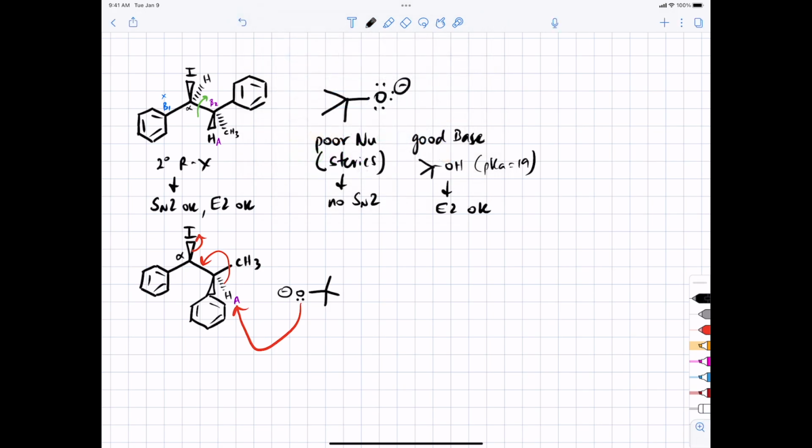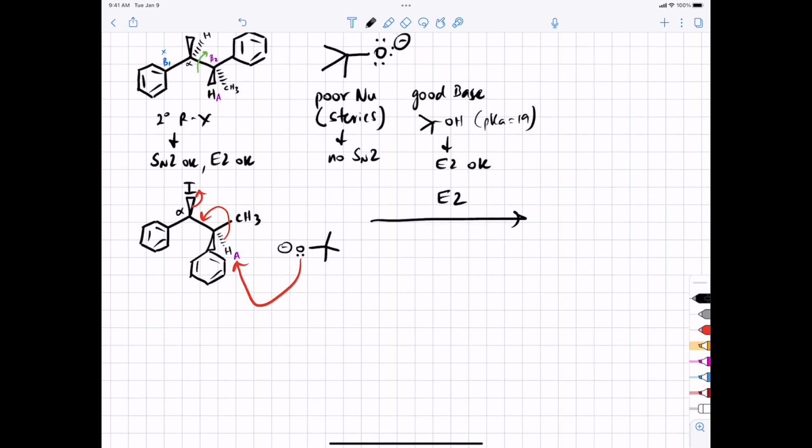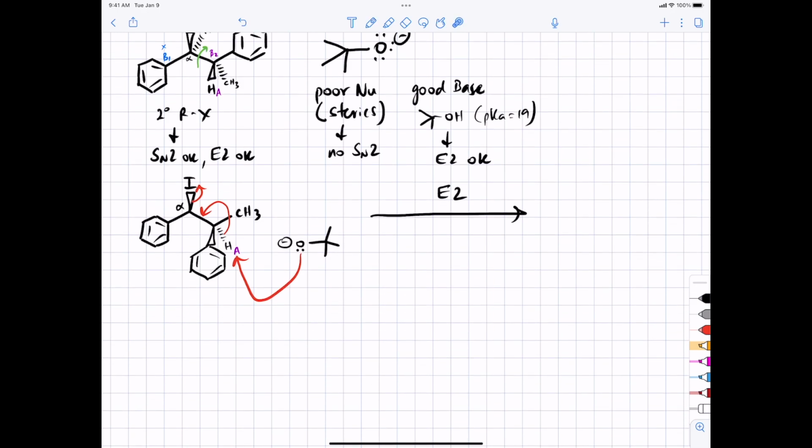Notice that as we form the new pi bond between alpha carbon and purple beta carbon 2, the two benzene rings are both on the same side of that newly forming pi bond.